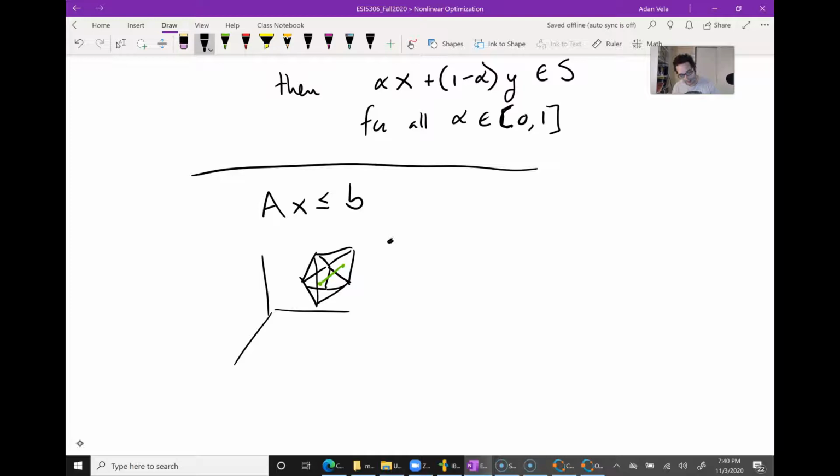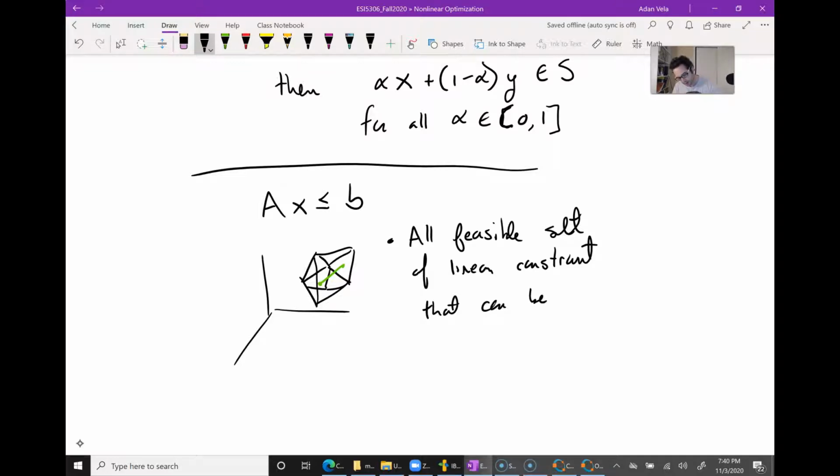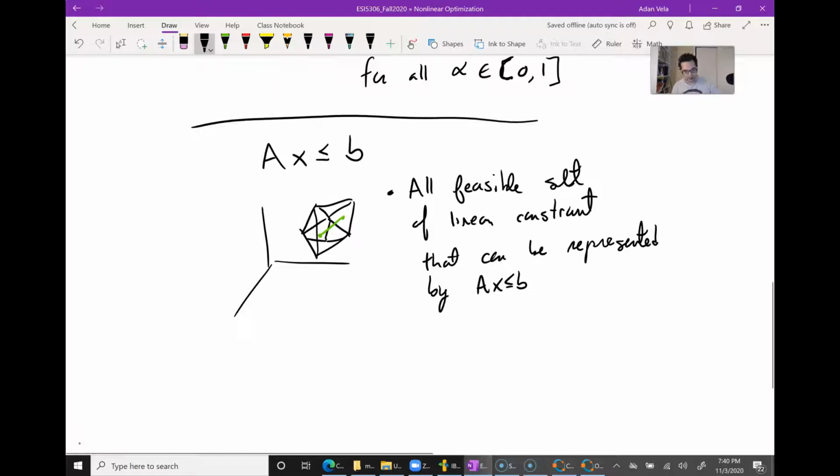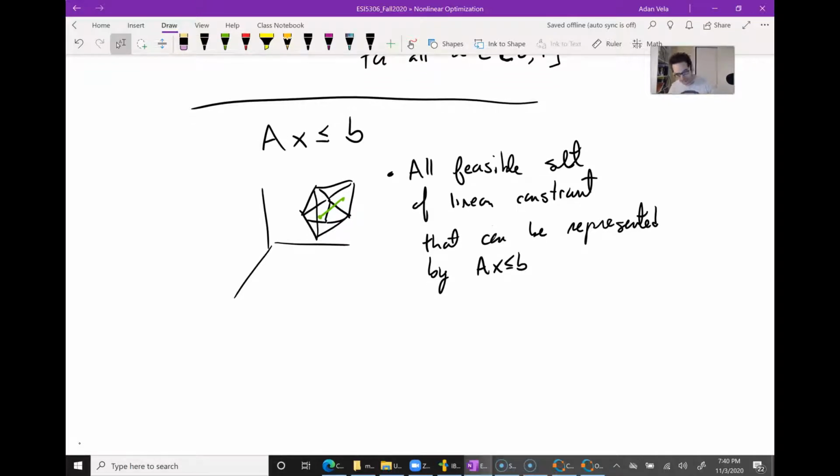So any feasible linear constraints that can be represented by Ax is less than or equal to b is a convex set.